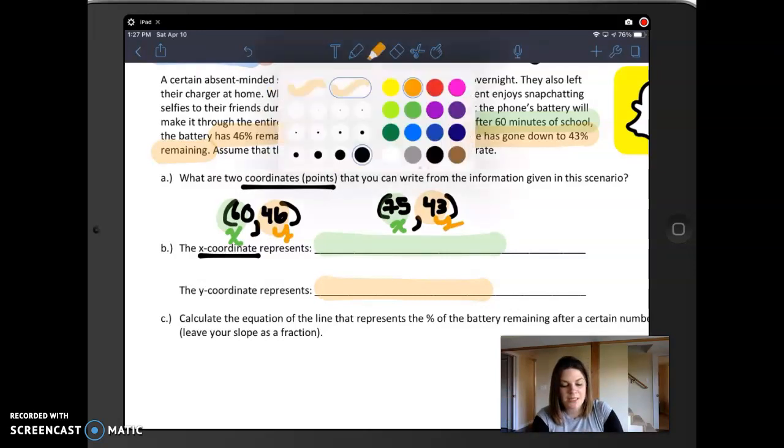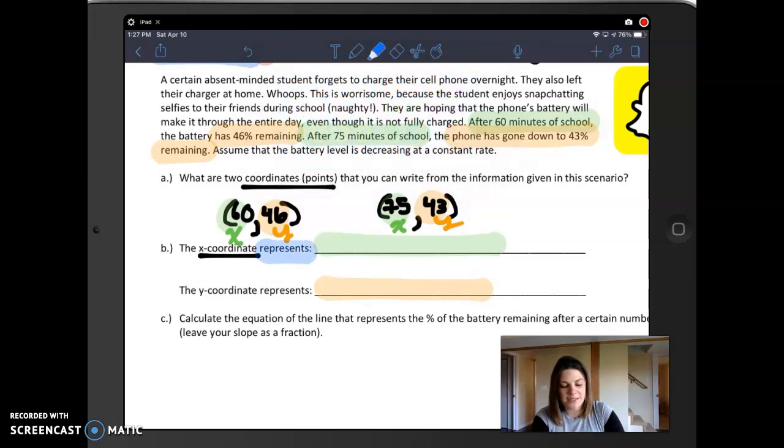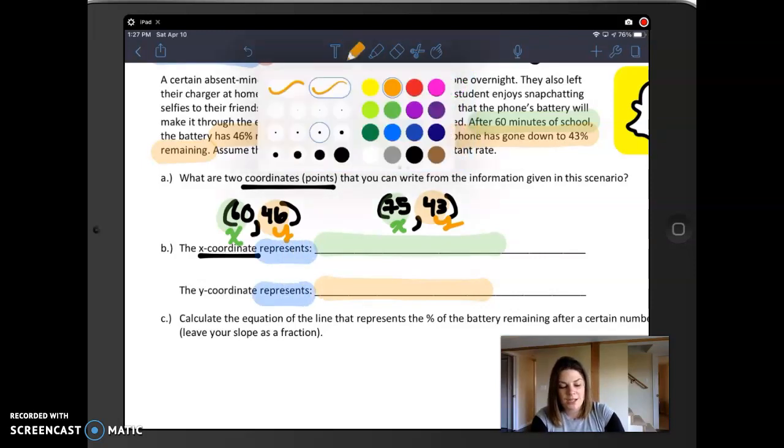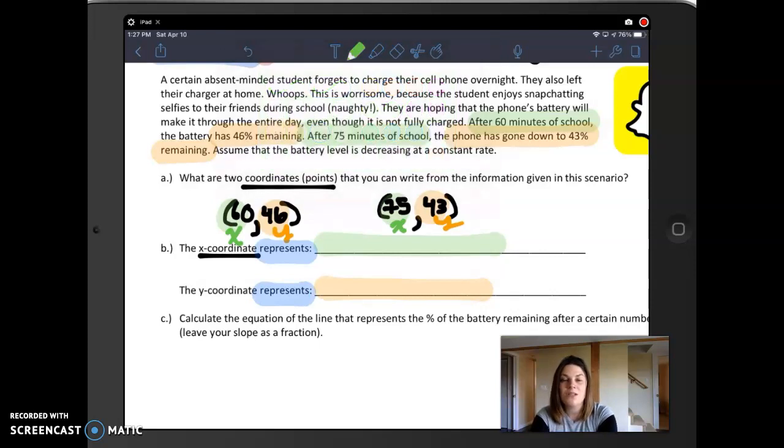And we're going to be seeing this phrase, represents, in almost every single question. What it means is, what does it mean in real life? Or another way to say that is, write me a sentence that explains what's going on, or write your answer as a complete sentence, or use units in your answer. All of these things mean the same thing as saying represents.